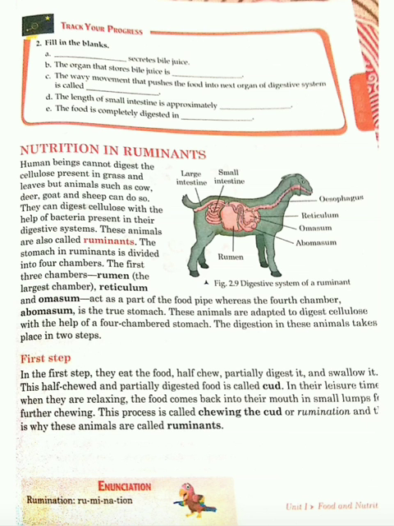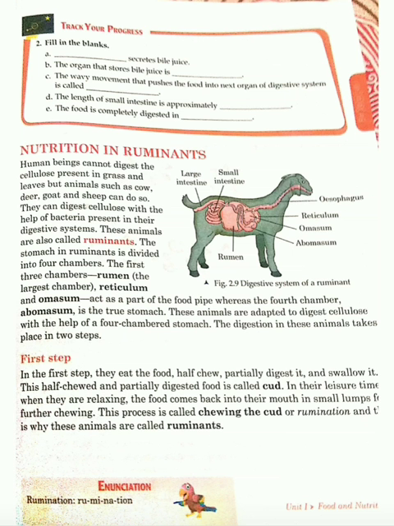Okay, the animals which can digest cellulose with the help of bacteria present in their digestive system are called ruminants. For example, cow, deer; all herbivores come under ruminants.